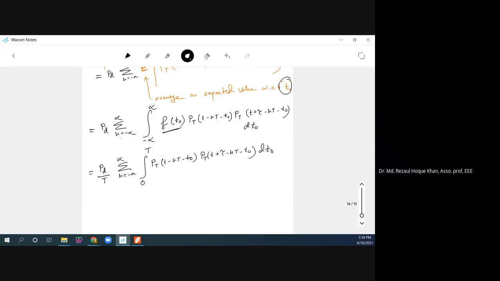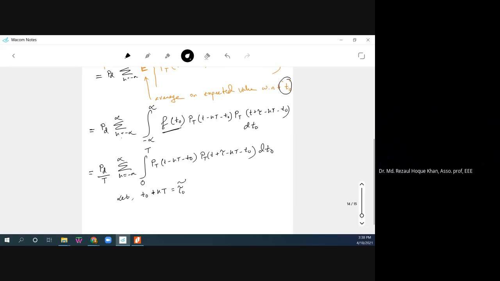We will do some substitution. Let t0 plus kT equal t0 tilde. So t0 tilde is t0 plus kT.